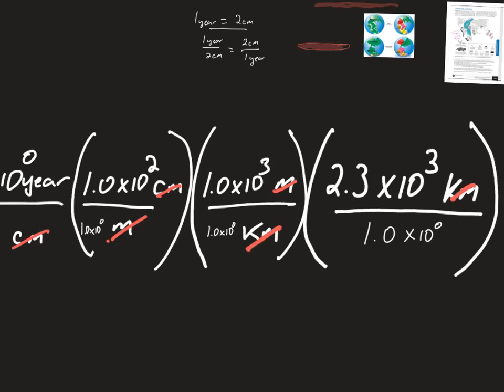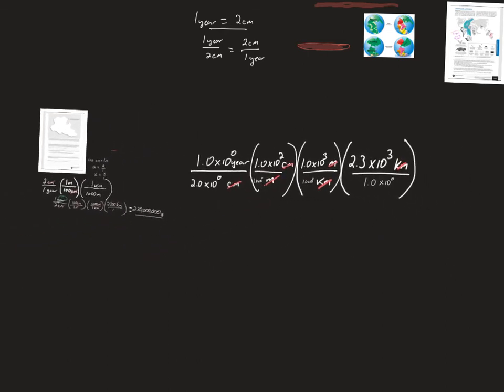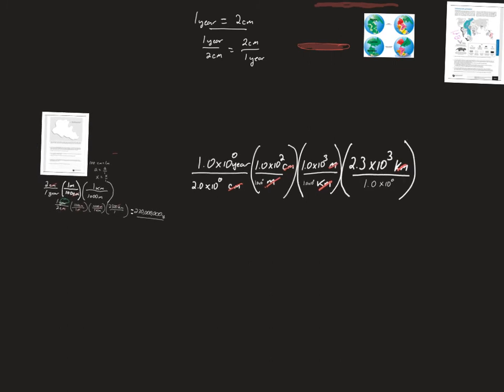There's no units there because that's just over 1. So if we go ahead and do our divisions, remembering that you're going to subtract exponents when you're dividing, you're going to add exponents when you're multiplying.